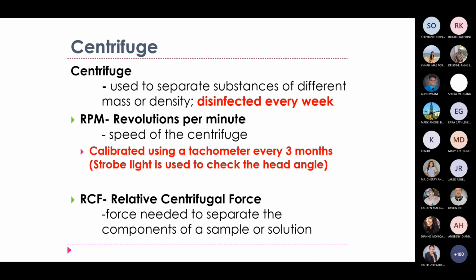Again, we have added information here. RCF, or the G-force, is equal to the RPM, or the revolutions per minute, squared times 1.118 times 10 to the negative 5 times the radius. Yung radius ay yung unit niya is centimeter. Okay, what about for the RPM naman?